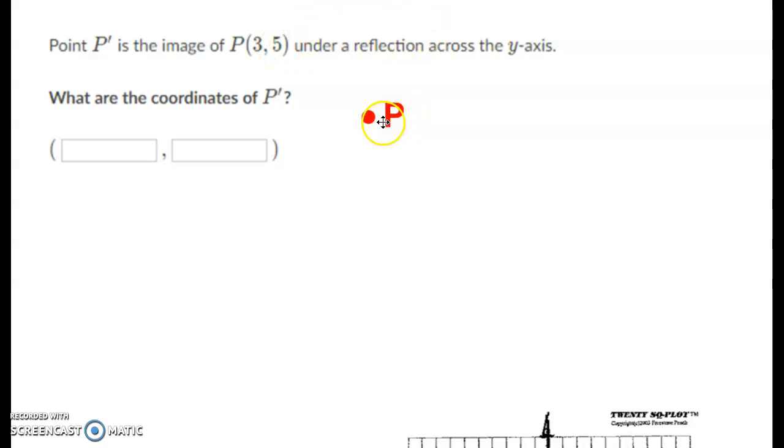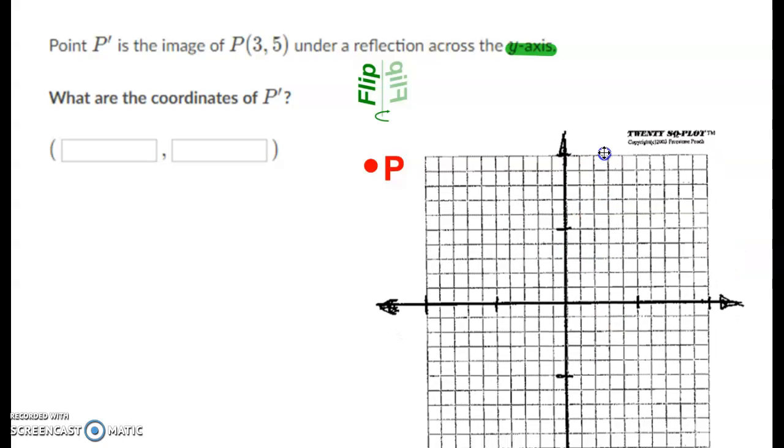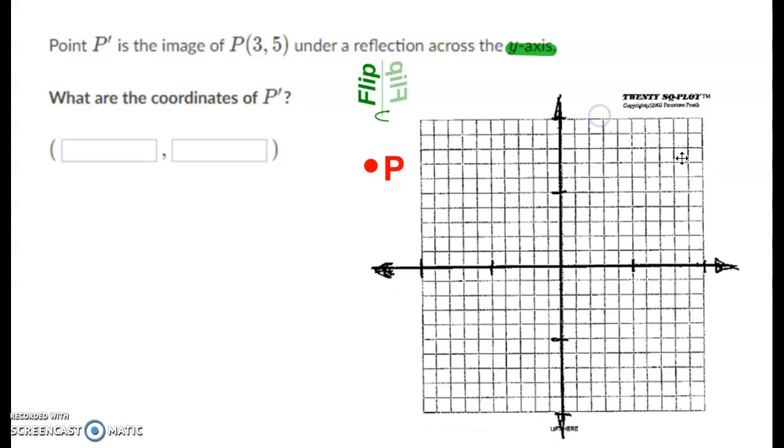And I'm going to go through a reflection or a flip, right? Reflection means to flip across the y-axis. So I'm going to pull in this coordinate plane to help us understand really what's going on, but we can do it without having this coordinate plane.